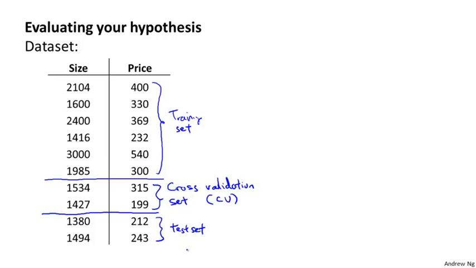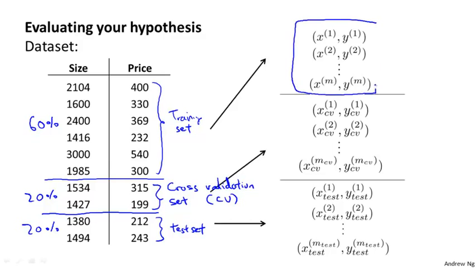A pretty typical ratio in which to split these things would be to send 60% of your data to your training set, maybe 20% to your cross-validation set, and 20% to your test set. These numbers can vary a little bit, but this sort of ratio would be pretty typical. So our training set will now be only maybe 60% of the data, and our cross-validation set, or validation set, will have some number of examples.